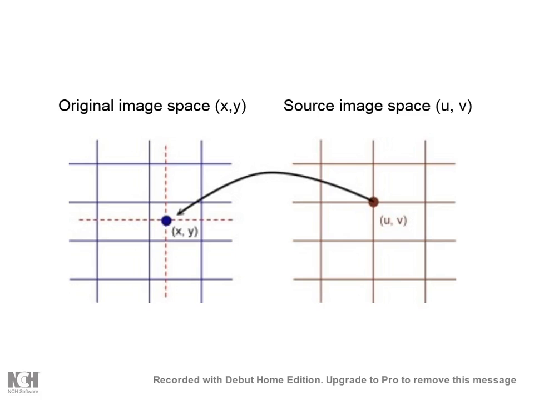I just scale down this image size like this. When I scale down, I want to know the color of, for example, this pixel. So how do we know its color? Just map it back to the original source.